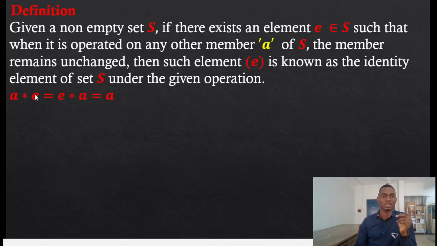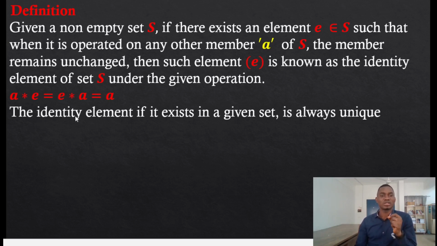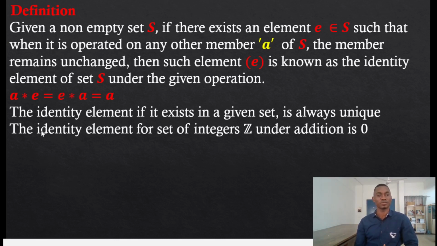If such an element exists in any set, we call it the identity element of that particular set. The identity element, if it exists in a given set, is always unique. I will explain that in detail as we go further.